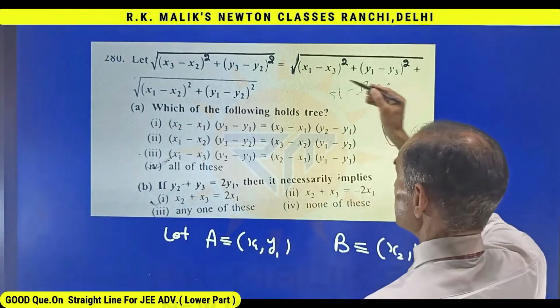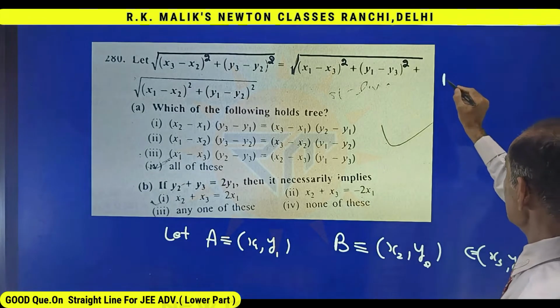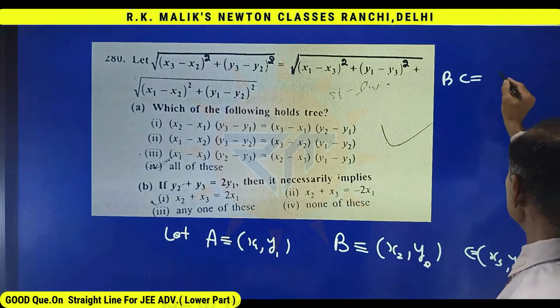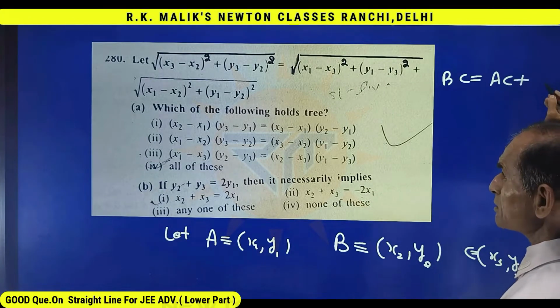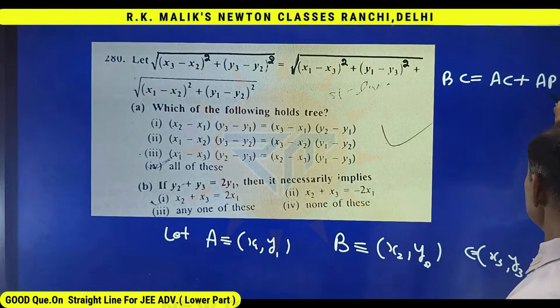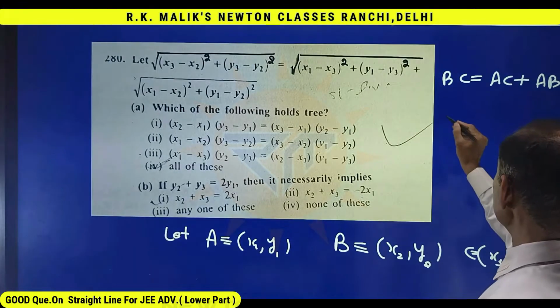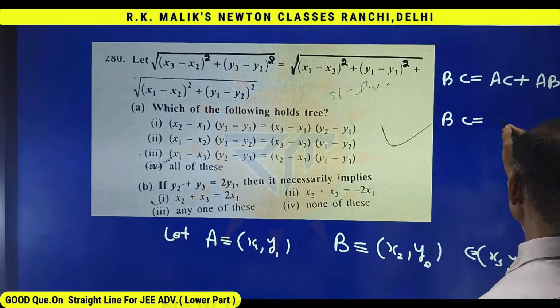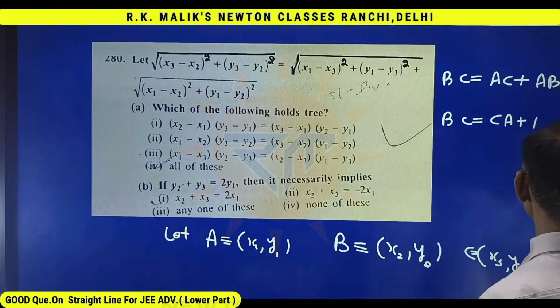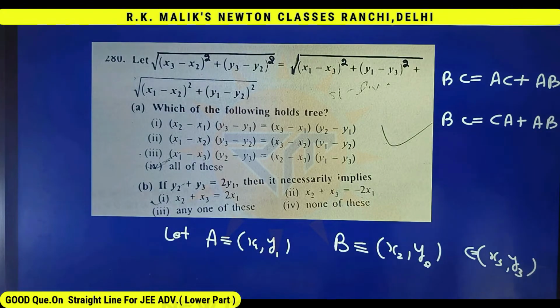That is, this equation shows that BC is equal to AC plus AB, or we can say BC is equal to CA plus AB.